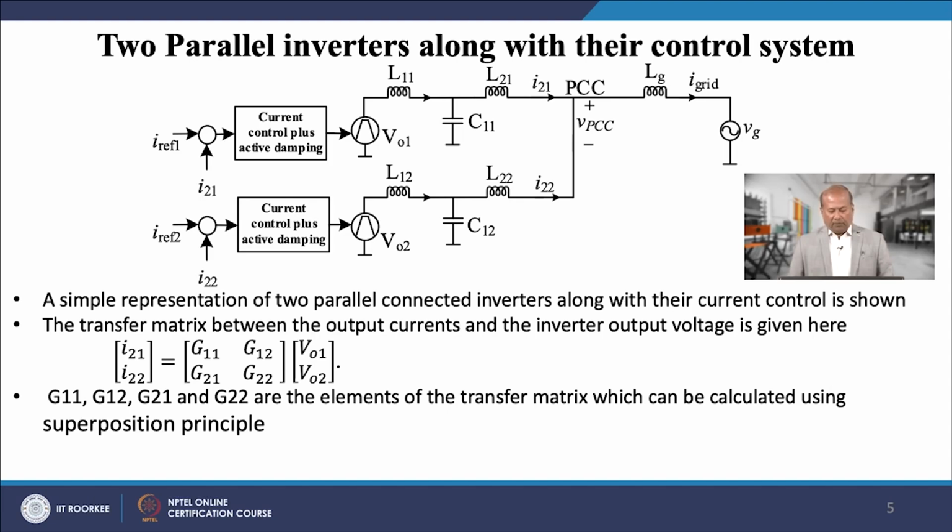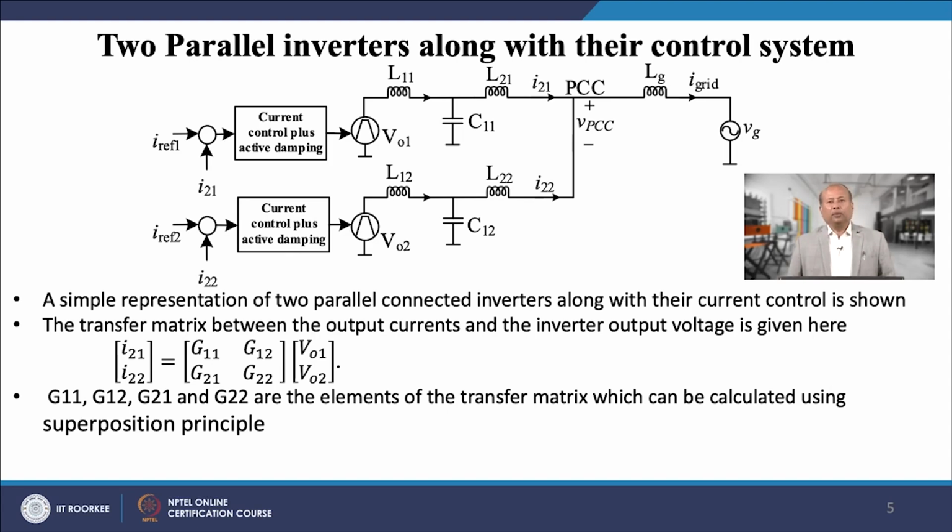If you expand this expression, you can see I21 is equal to G11 VO1 plus G12 VO2. So you can see the first component and the second component. The same thing holds good for the second inverter output current I22.